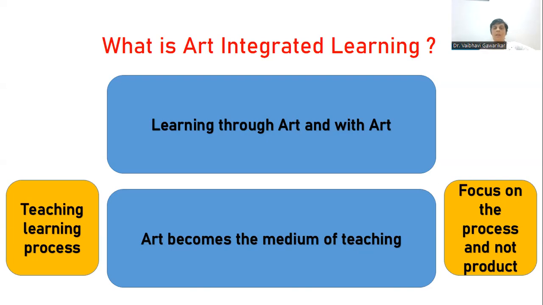When I'm talking about using art to teach critical thinking, it is like using the concepts of critical thinking to make an art piece, or taking a piece and teaching critical thinking through it.